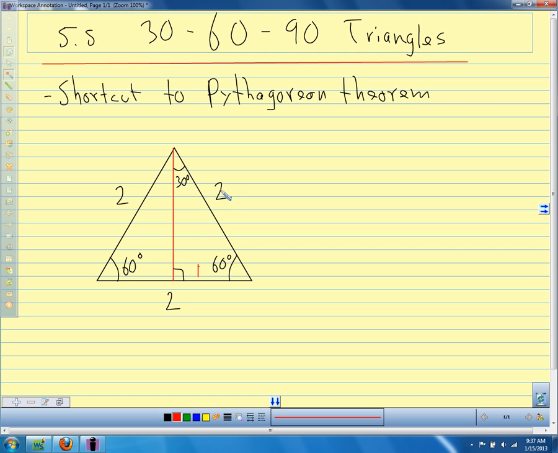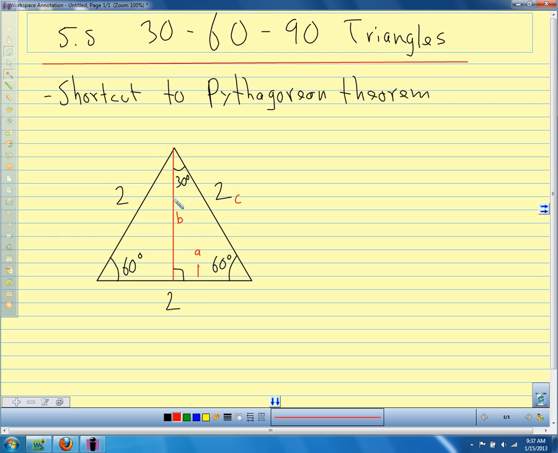Is it the longest side? Is it across from the 90-degree angle? So what side does that make it? C, the hypotenuse. That's C. I'll call this side A and this side B.